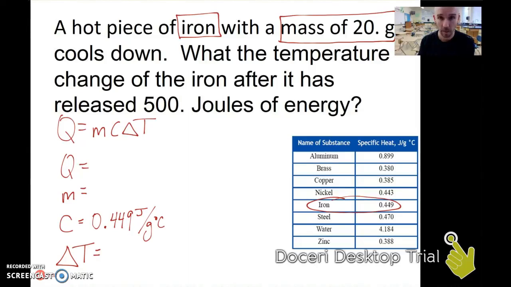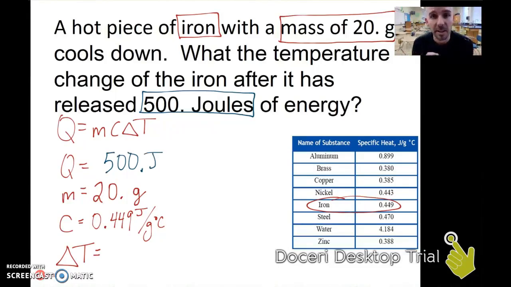Okay, so that's my M, my mass. That decimal just gives me an extra sig fig there. And then it tells me it has released 500 joules of energy. Okay, 500 joules. That means I'm going to put a 500 here.